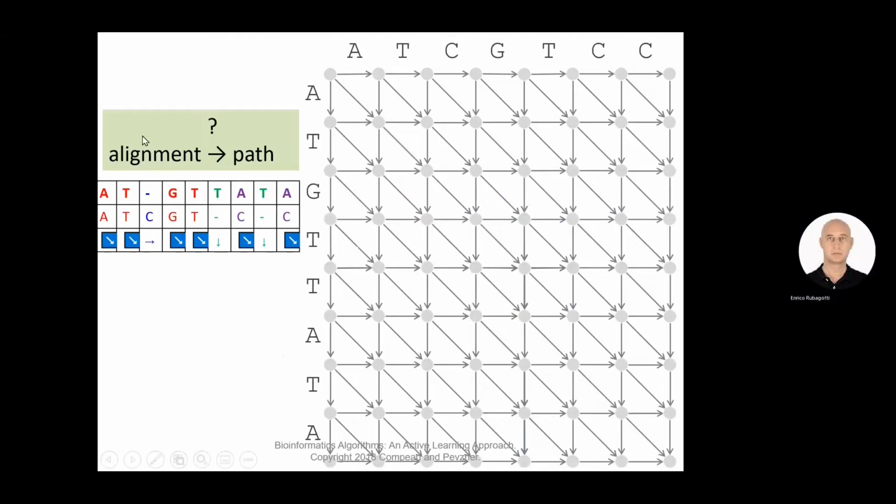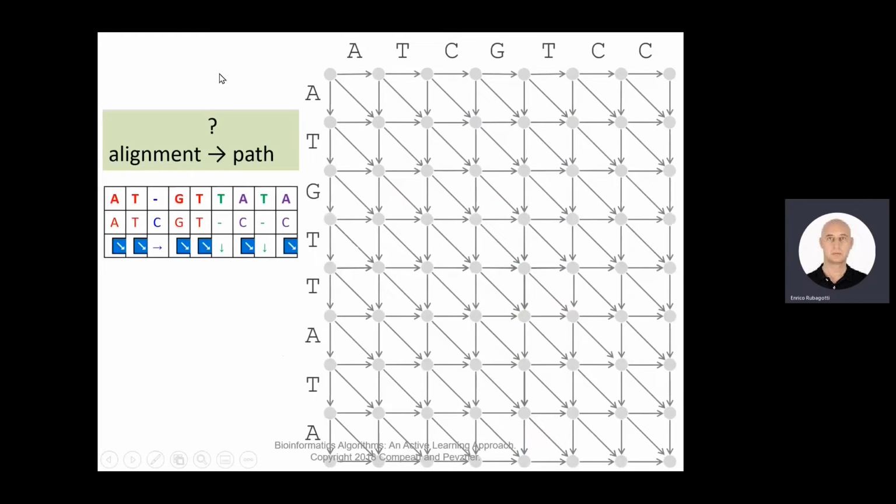Okay, we have an alignment between the two previously defined sequences, ATGTTATA and ATCGTCC, and I insert gaps in locations where they will optimize the score of the alignment. So we're going to start. The first one is AA, so it's a good alignment, it is a diagonal.